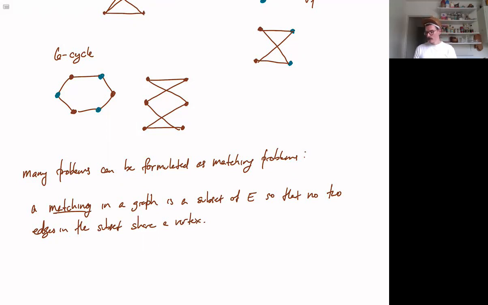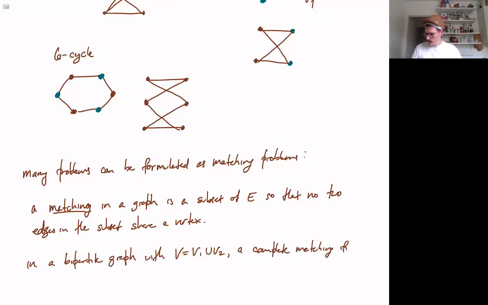So essentially, requiring that no two edges share a vertex means that each vertex is matched to at most one partner, and that's why it's called a matching. Also in a bipartite graph with partition B equals B1 union B2, we can talk about a complete matching from V1 to V2.